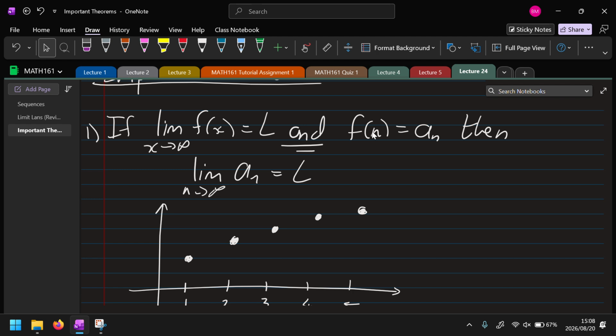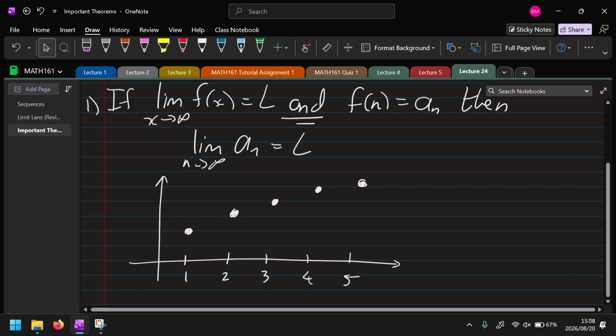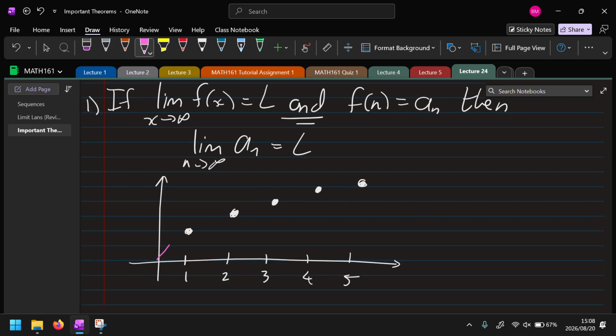In other words, if we connect the dots, we get a continuous function, f. So it will be something like this. We see that at our sequence values, 1, 2, 3, 4, 5, the function agrees. It passes through all of those points, but f is continuous.